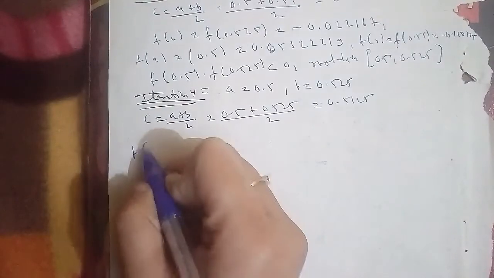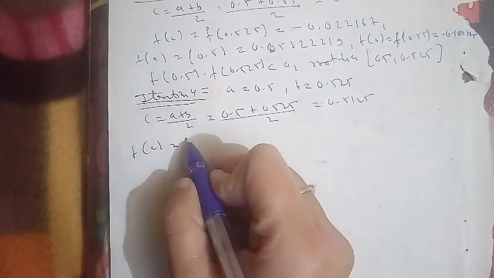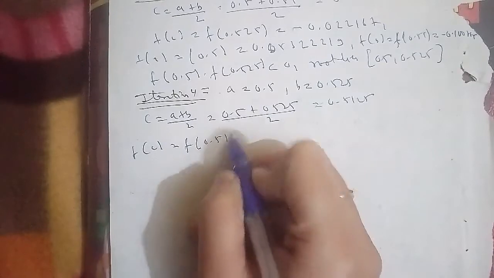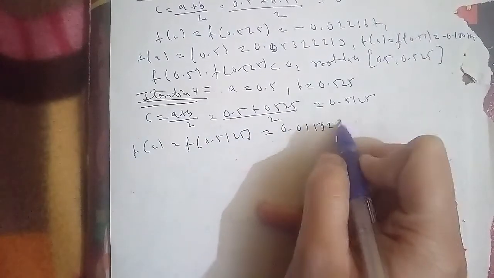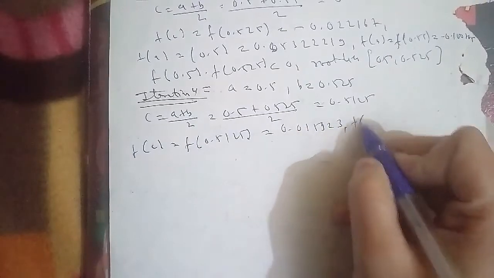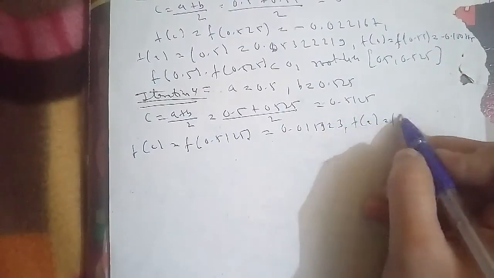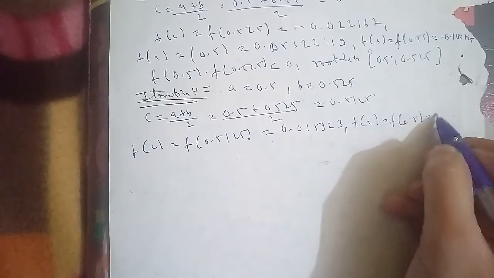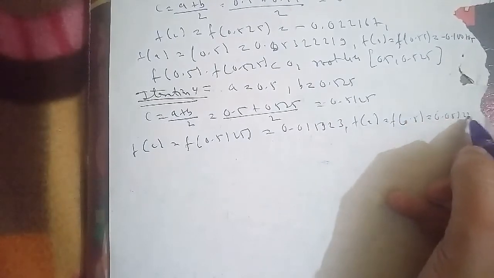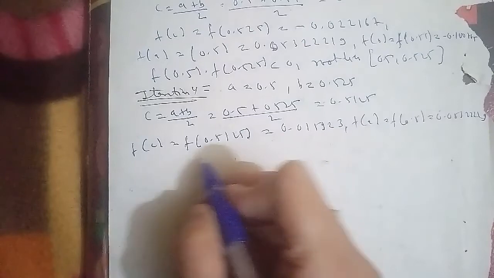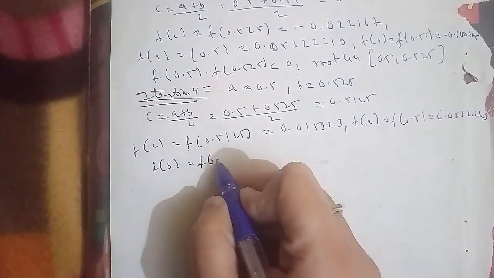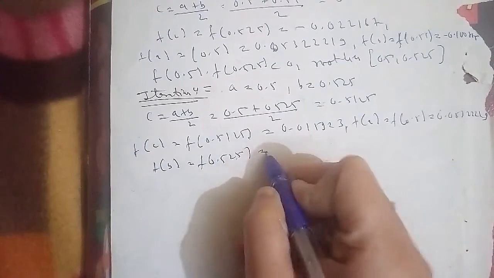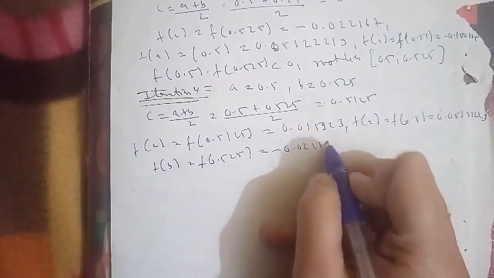So f of c equals f(0.5125) equals 0.015923. f(a) equals f(0.5) equals 0.05322219, and f(0.525) equals minus 0.022167.